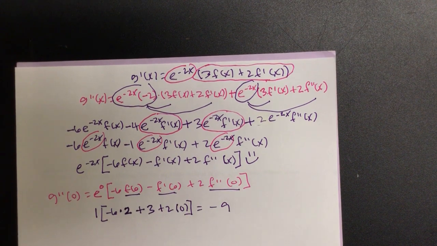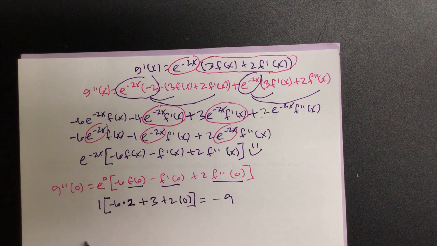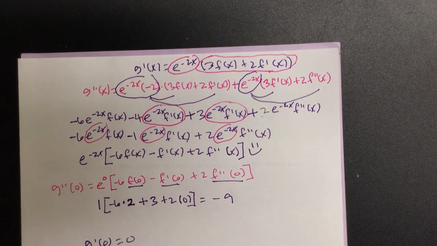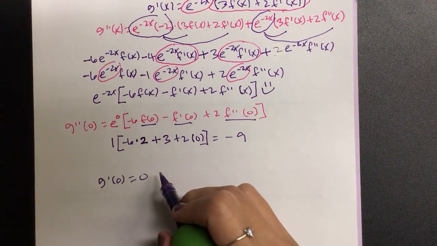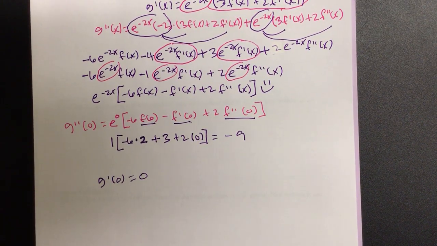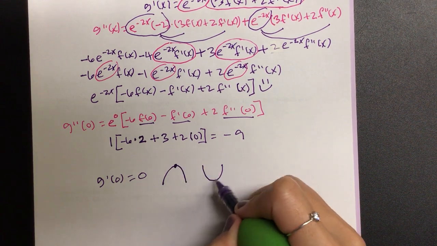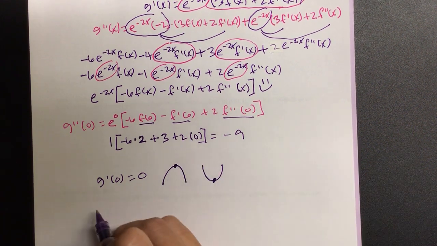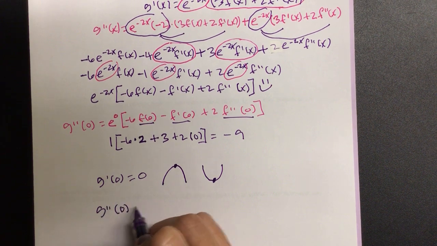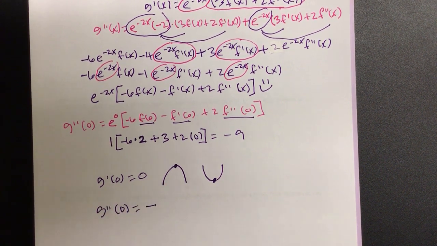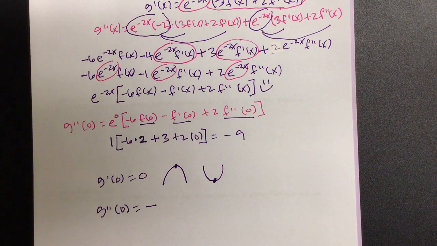So let's see what that means in terms of our local maximum. We know g prime of 0 is equal to 0 according to part C. This means when your slope is 0, I have either a maximum or a minimum, correct? If our double prime is equal to a negative number, is it concave up or concave down? Concave down.